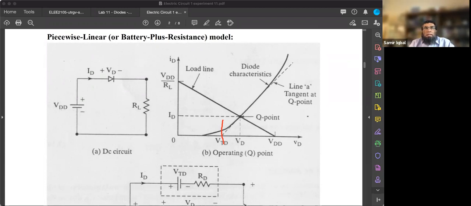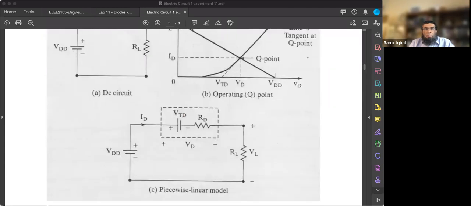We can show that as another voltage source in the circuit, which is shown here as VTD. So the threshold voltage of the diode, which is in opposite polarity to this power supply. We are just modeling that. We say, okay, this is what is giving you that 0.5 volts, as we saw above.